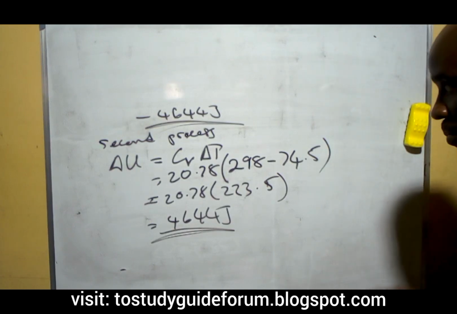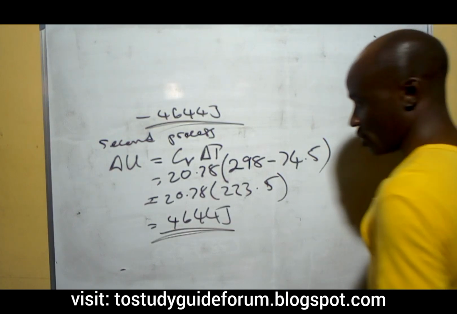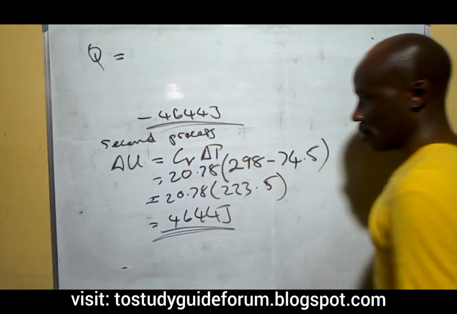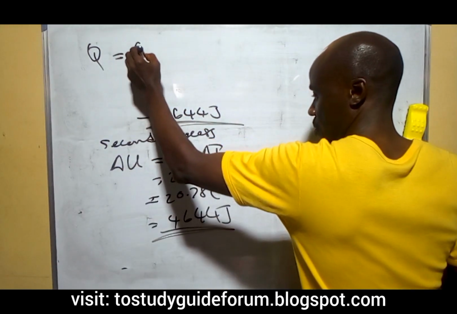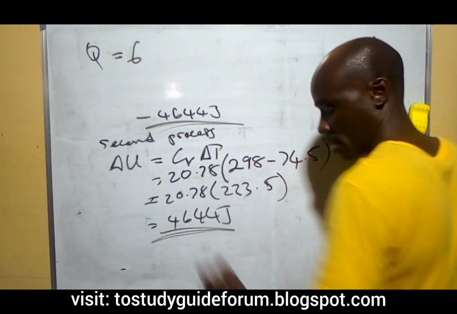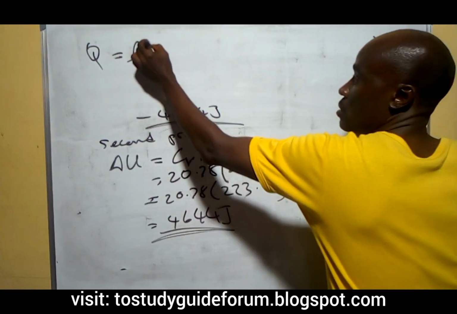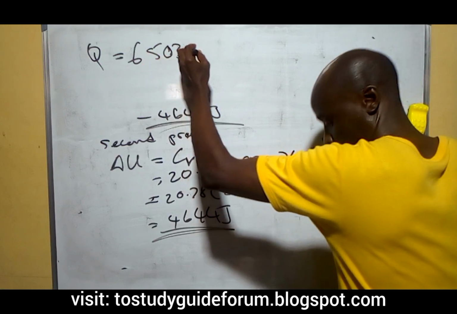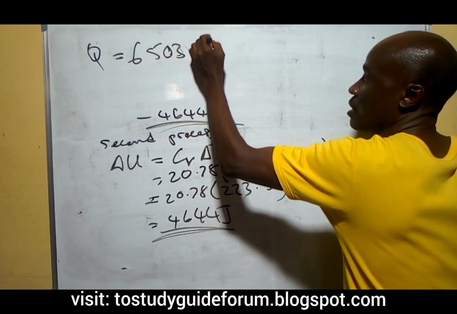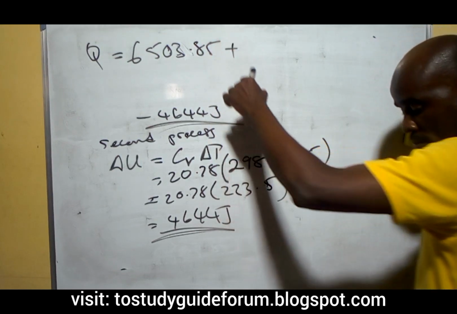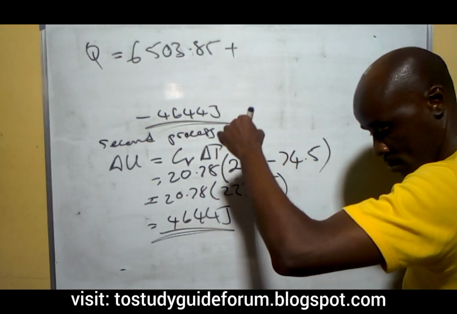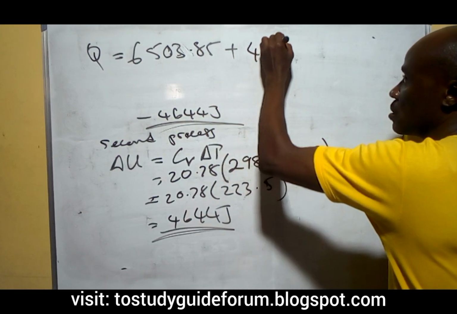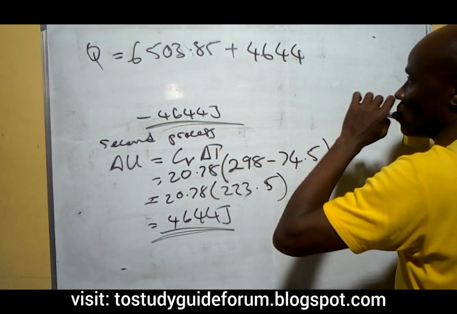Now to the complete process, the total quantity of energy we have in the complete process is then 6503.85 plus 4644 joules.